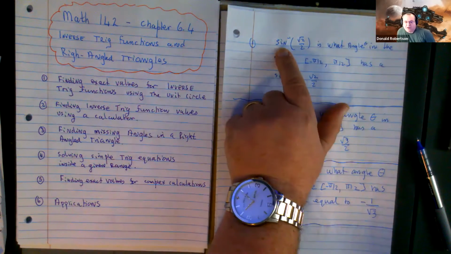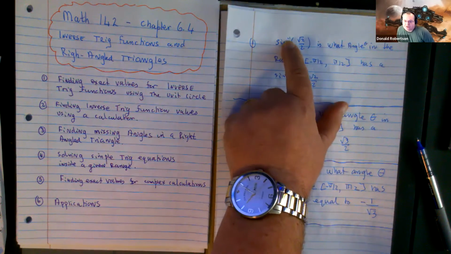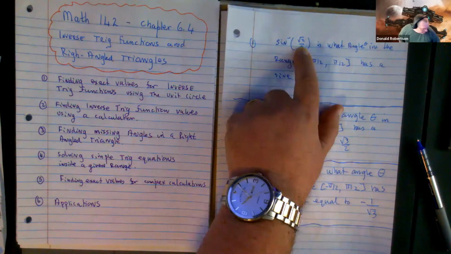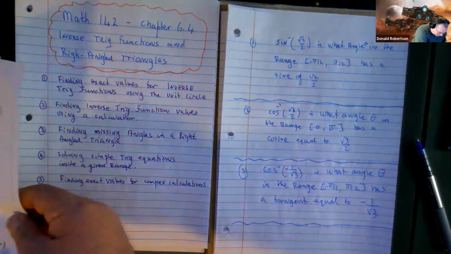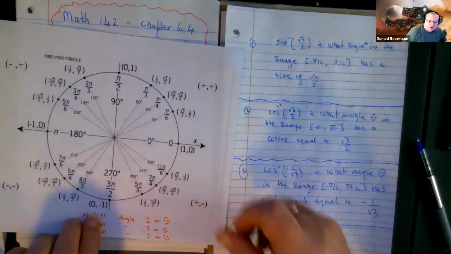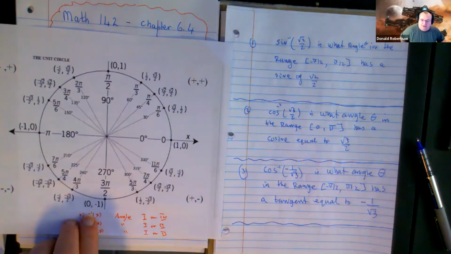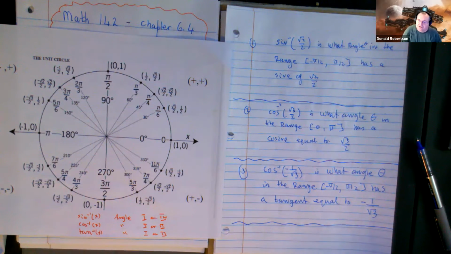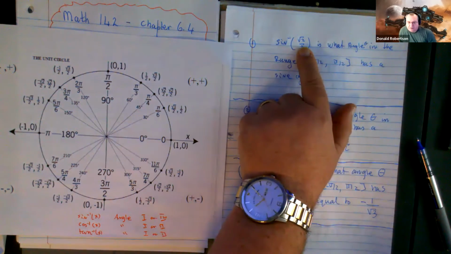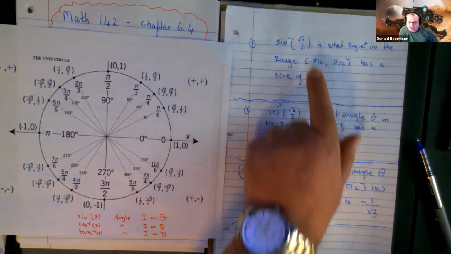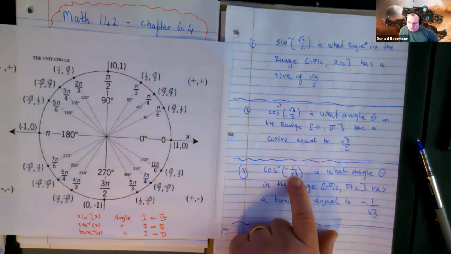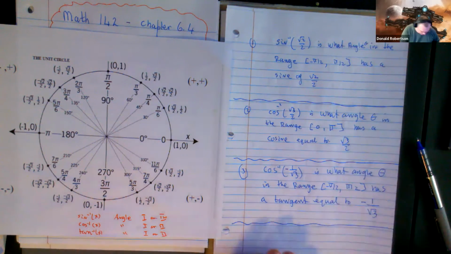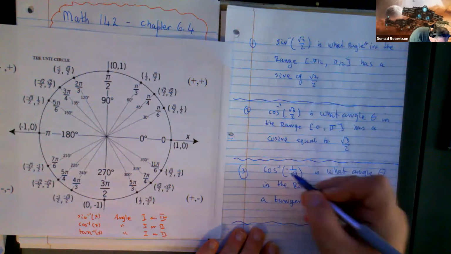So if I asked you to find the inverse sine of square root of 2 over 2, and you want an exact value, you use this guy. Now, one of the things that you just have to be aware of is that there is only one answer to any inverse sine, cosine, or tan, actually. That should say tan.